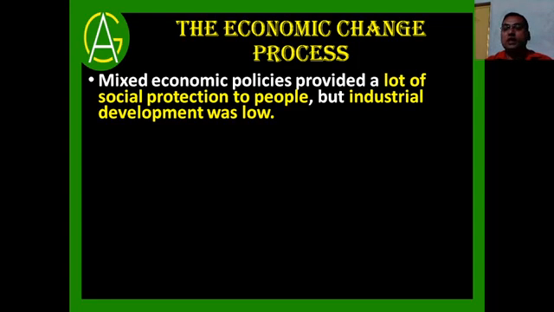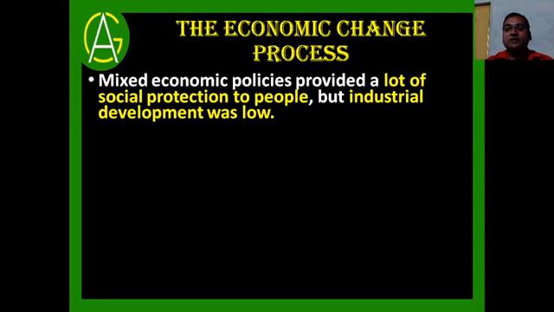It was not working well because it gave a lot of protection to the people, but on the other hand it created several restrictions on the industry, and as a result industrial development was very low. And if a country does not have good industrial development, its economic development will also be low.